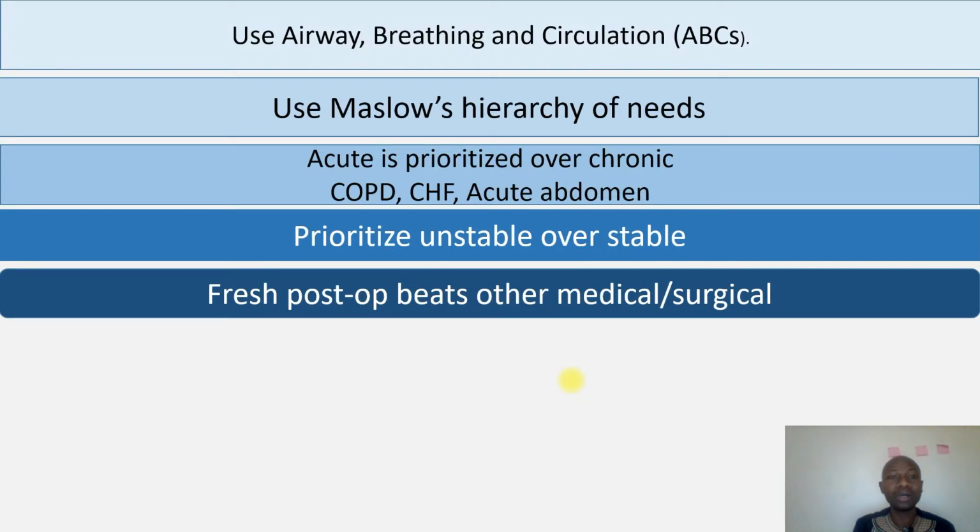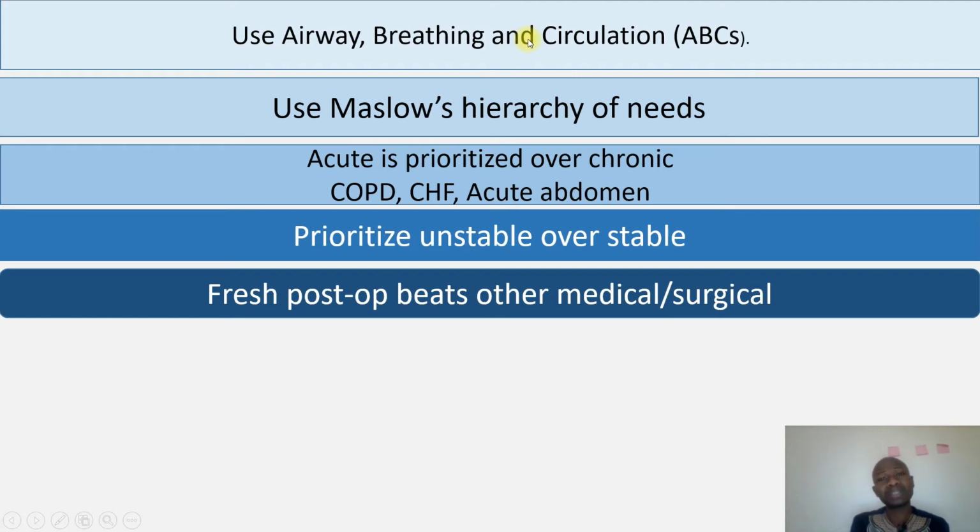Okay guys, so then other ways to eliminate other tasks and prioritize others are to use airway, breathing, and circulation. You've heard about this almost, I can say, ancient way of prioritizing. ABCs, for instance, we know that the patient's airway is very important and it's usually prioritized first, and then breathing next, and then circulation.